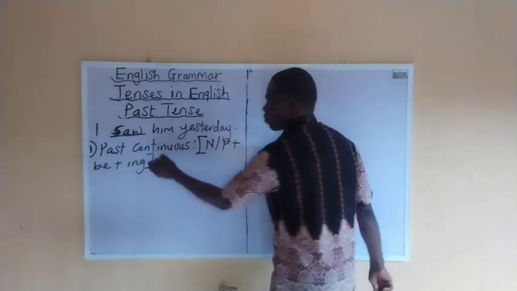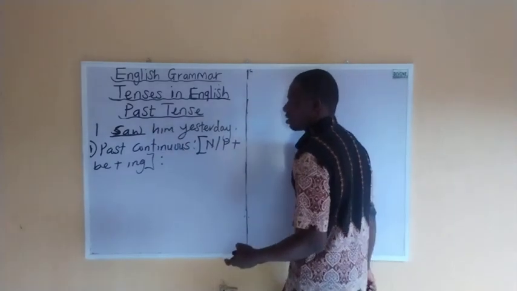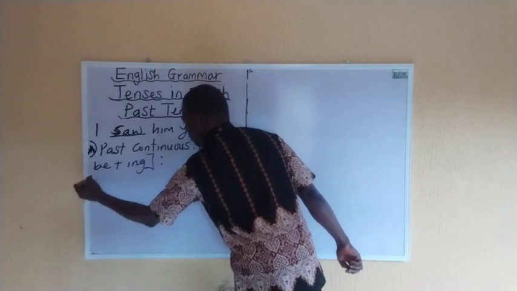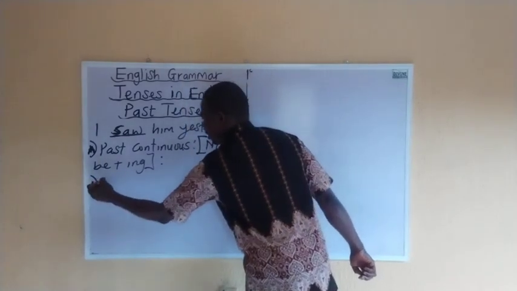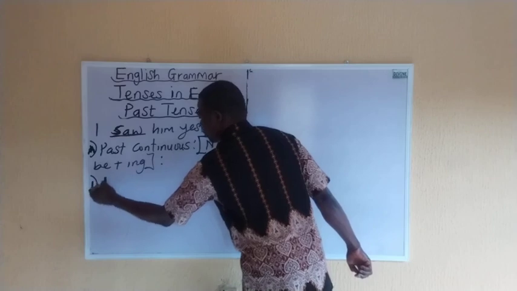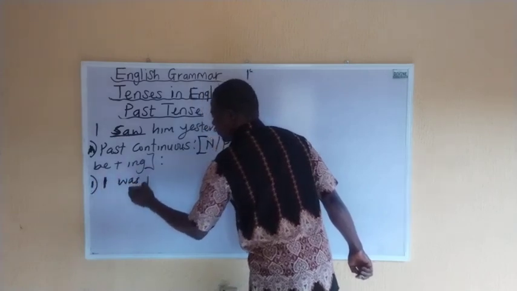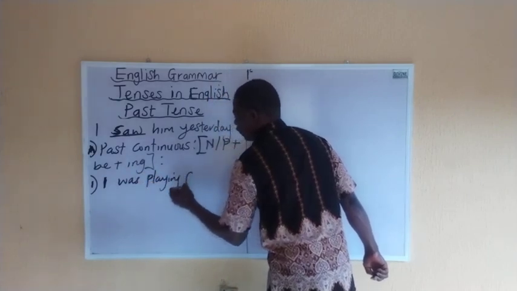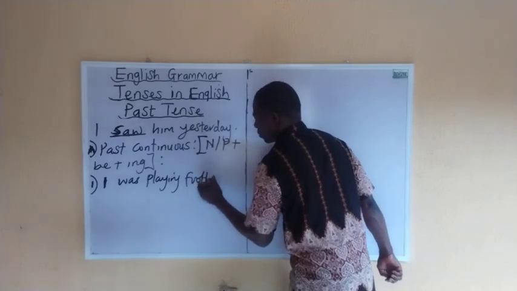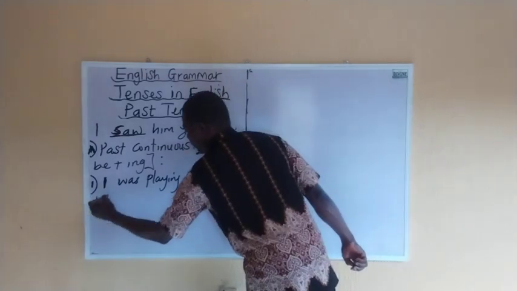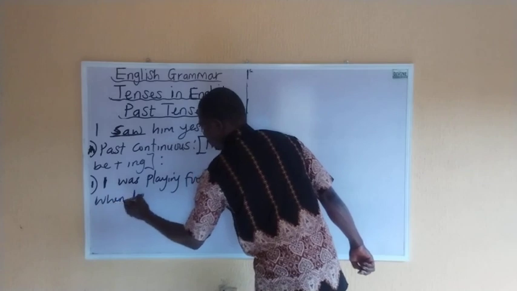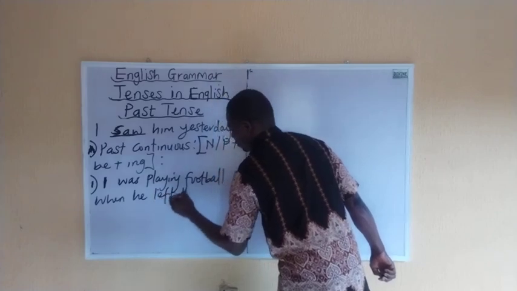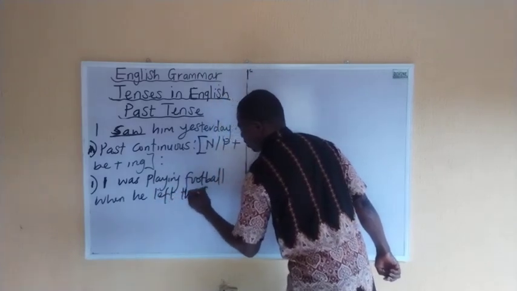So let's see examples for the past continuous. Example A, one: I was playing football when he left the pitch.